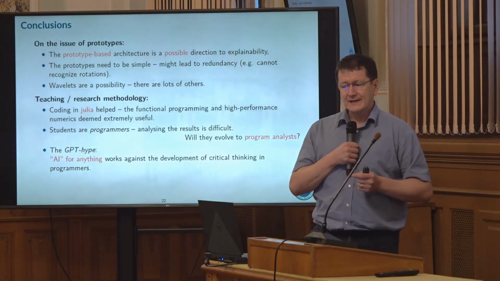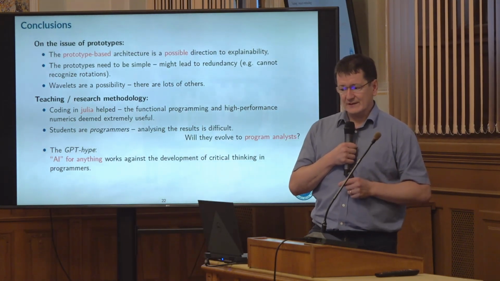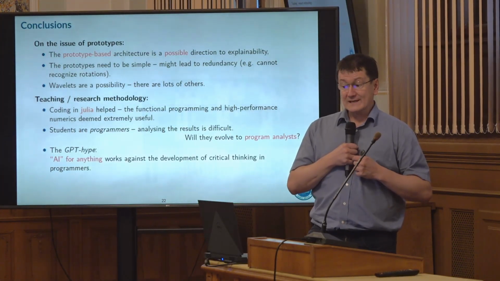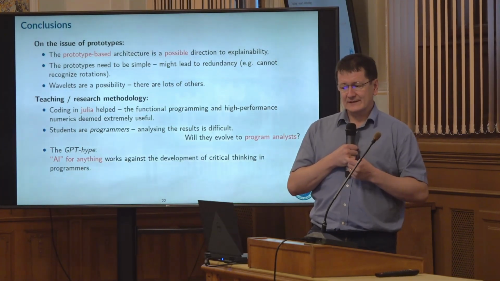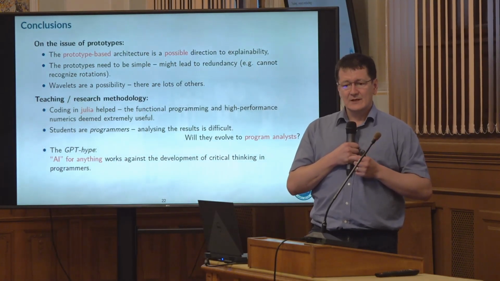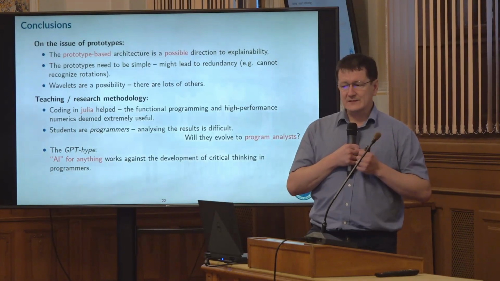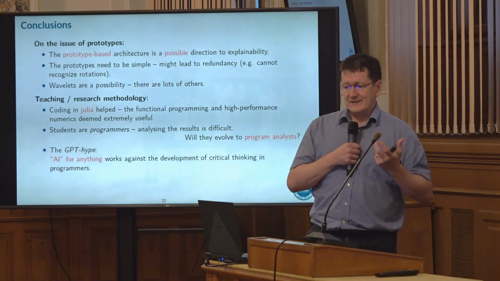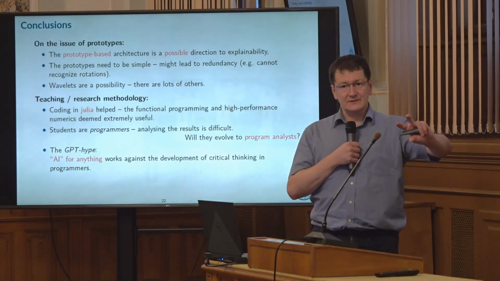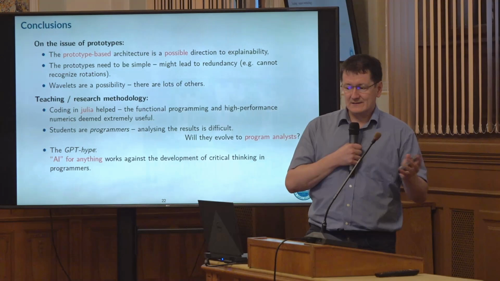For example, it is not able to recognize rotations the way it was implemented. And why is that important? Not for the drivers, but if you consider medical images, for example, crystallization images, then rotation invariance feels like it is a must.